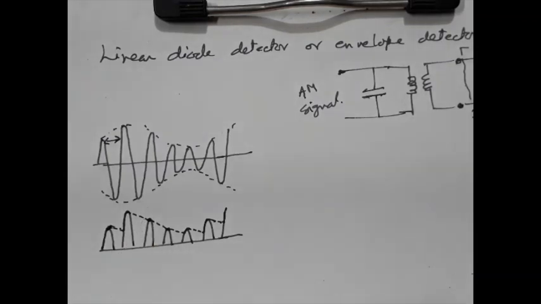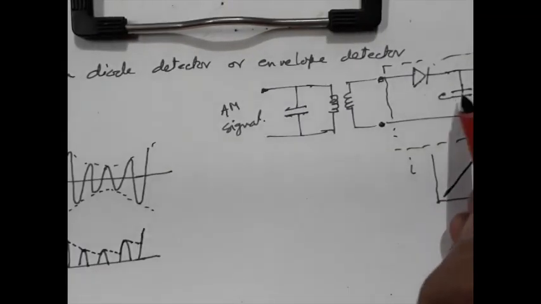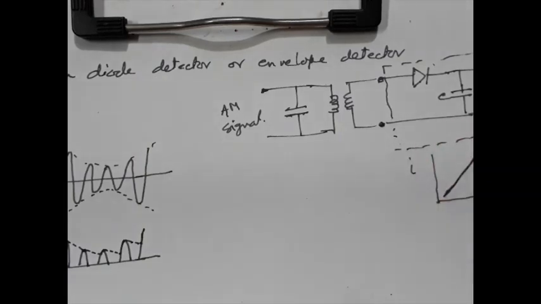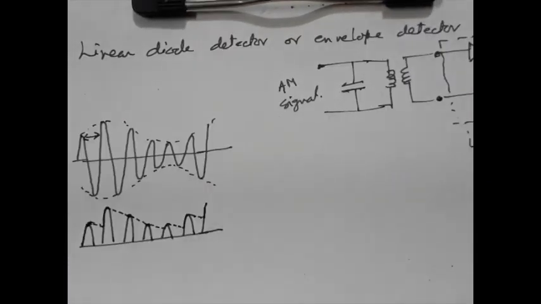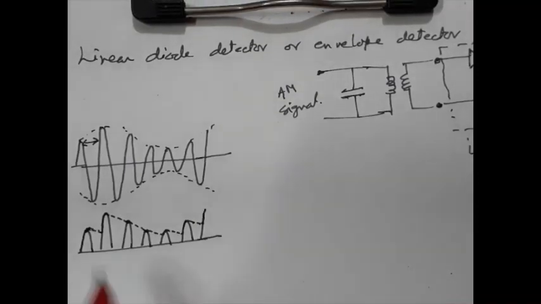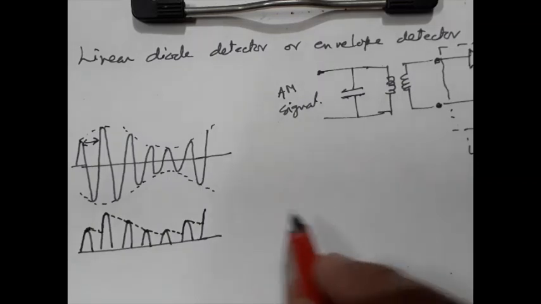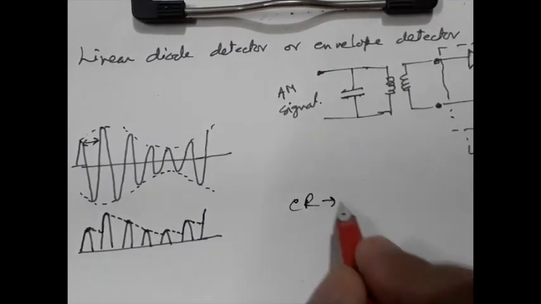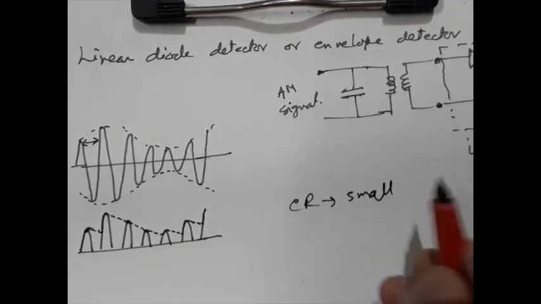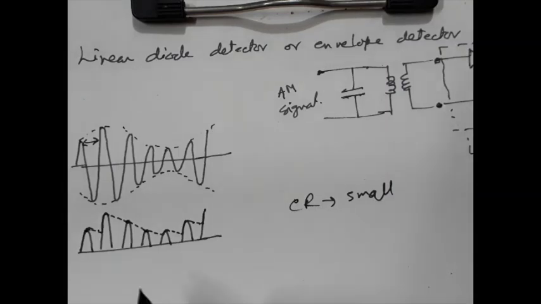Another thing may happen. If this capacitor and resistor are not chosen properly, what will happen? Suppose the capacitor-resistance combination is small, CR small. So what will happen?